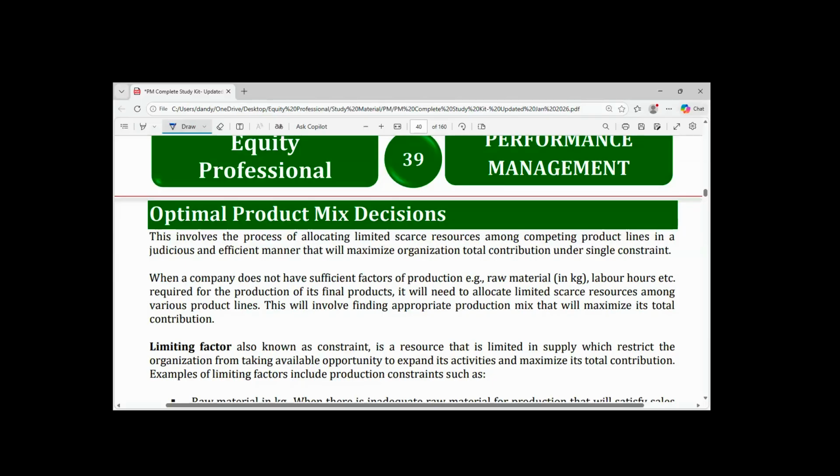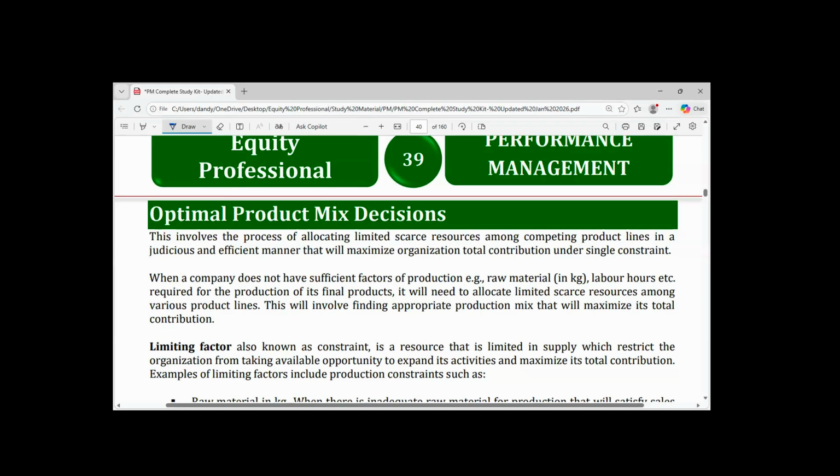Now, you have to be very careful, because on the day of your exam, this factor of production we are talking about will not be given to you directly. When a company wants to manufacture, you are going to need raw material kilogram. You are going to need labor hours to produce. If the production is machine intensive, then you are going to need machine hours for the purpose of satisfying customer demand.